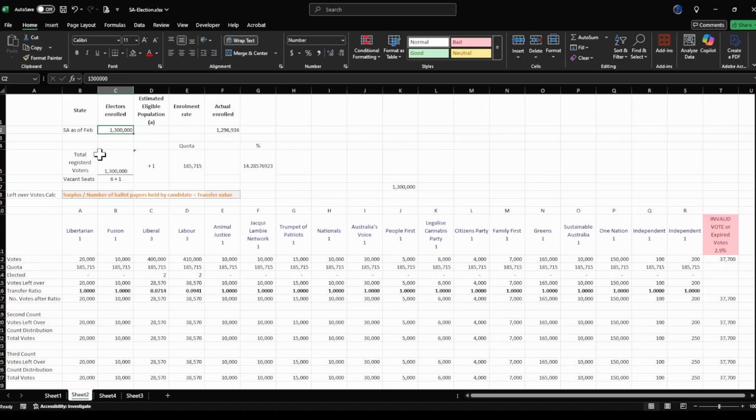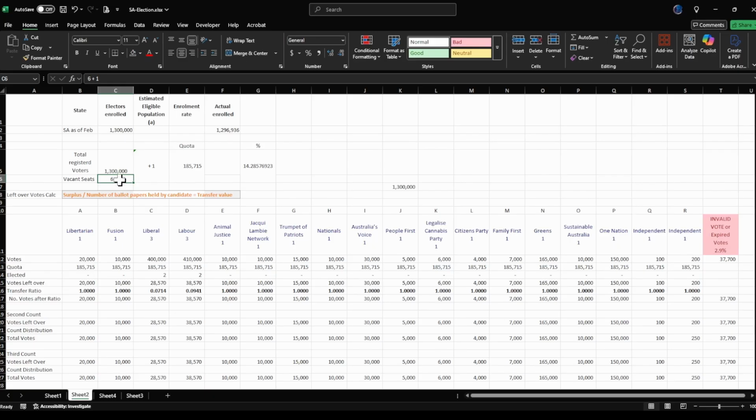So what they do is they take the total number of registered voters, and in this case we're using 1,300,000, and divide by the number of vacant seats plus 1. This is the formula. So they say 7 in total.